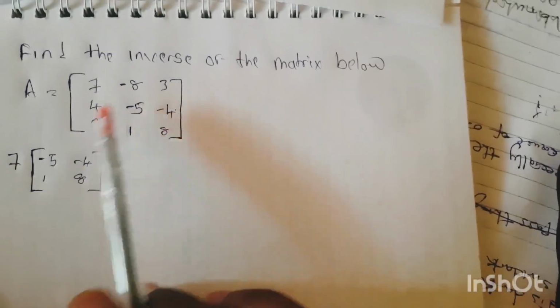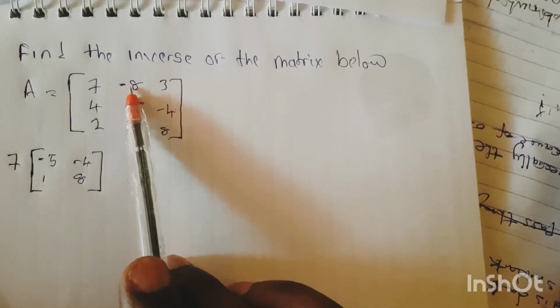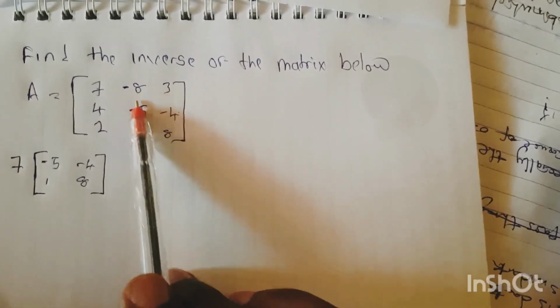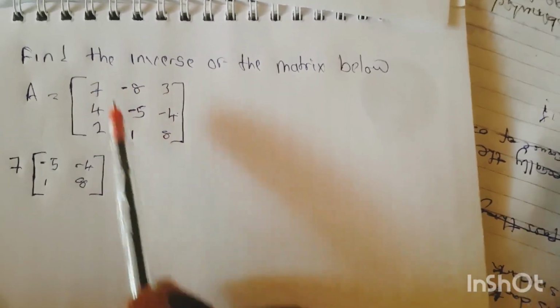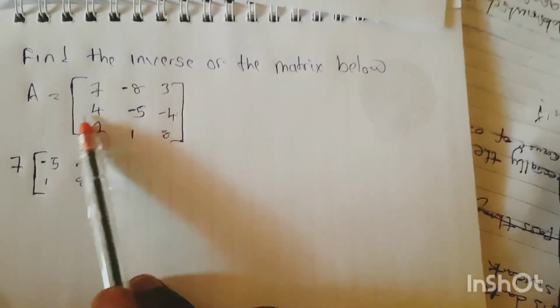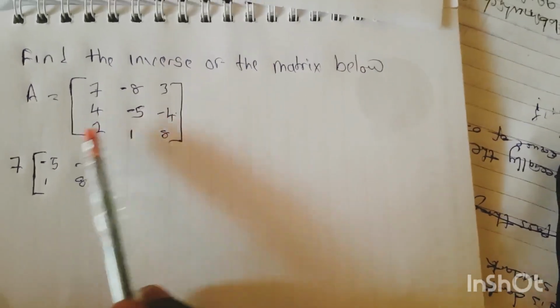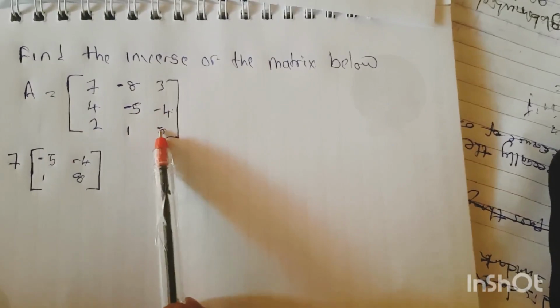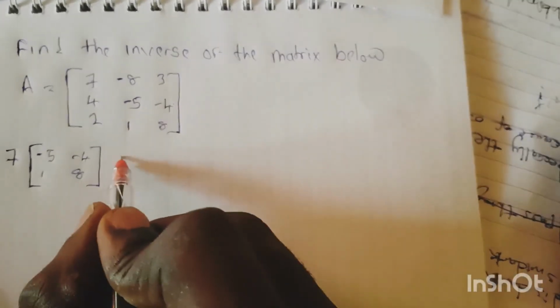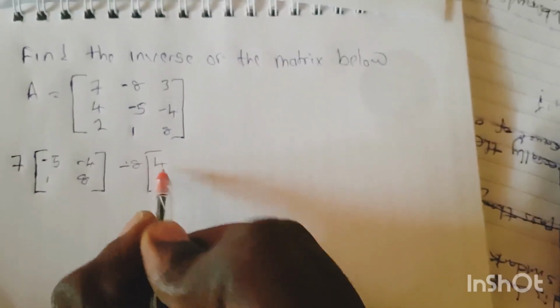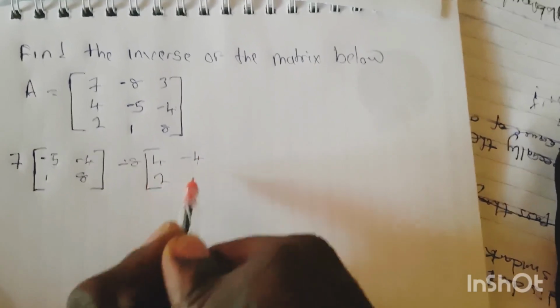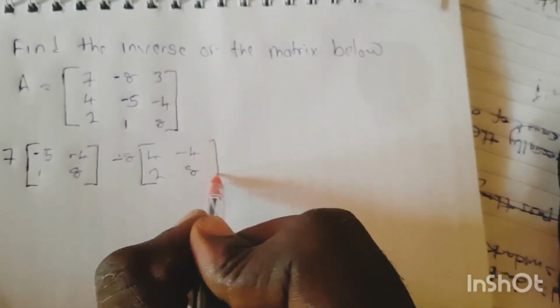Now we are going to come to this 8. Strike its row and column. So we are going to have 4, -4, 2 and 8. So we put our -8 here, with 4, -4, 2 and 8.